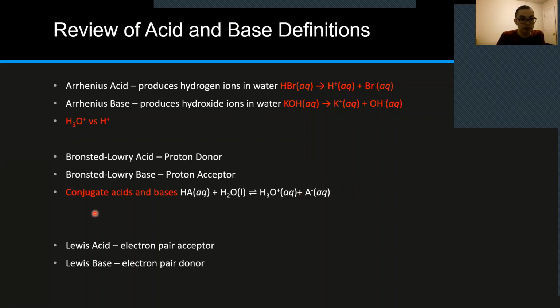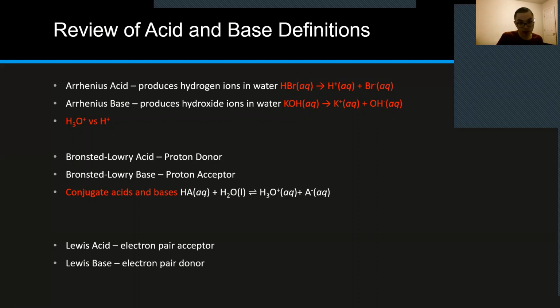Normally when we're talking about conjugate acids and bases, we're talking about Bronsted-Lowry acids and bases. In the previous example, we had HA, and HA lost a proton and became A-. So that is a conjugate acid-base pair, where HA is the acid, and on the product side, we have the conjugate base of the acid.